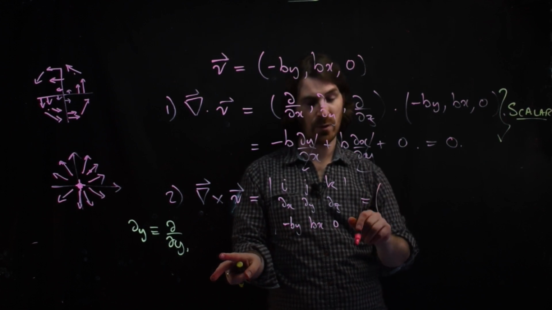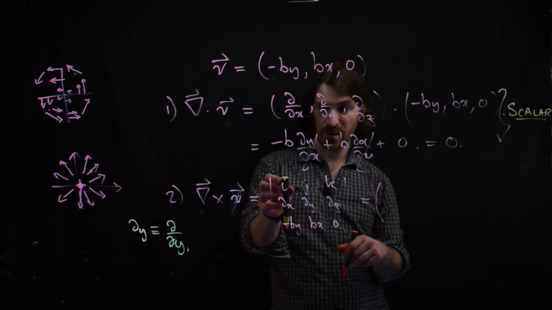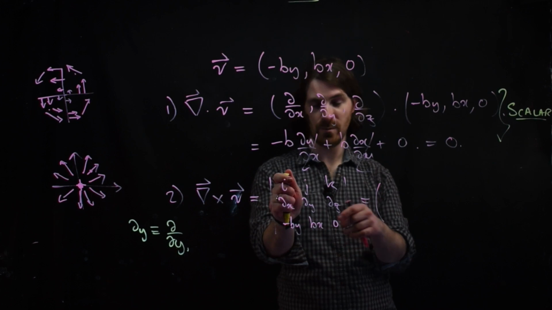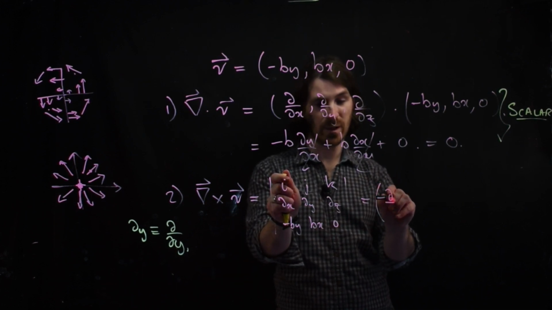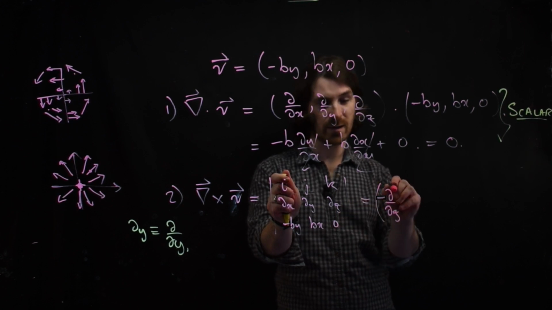It's got 3 components, and the first component we find by covering up the first column and focusing on these things, and we get d/dz of bx.